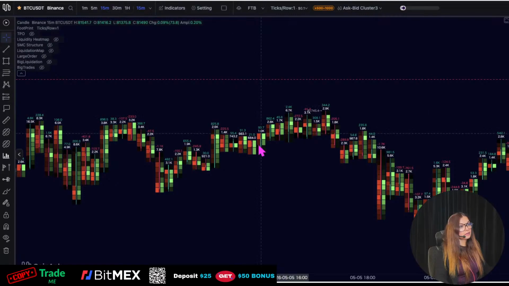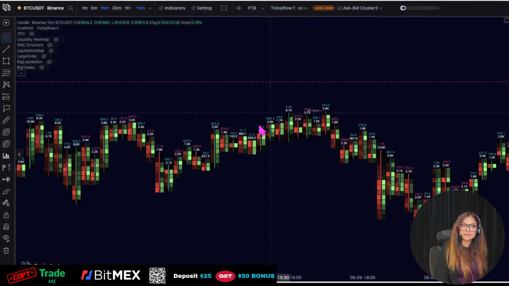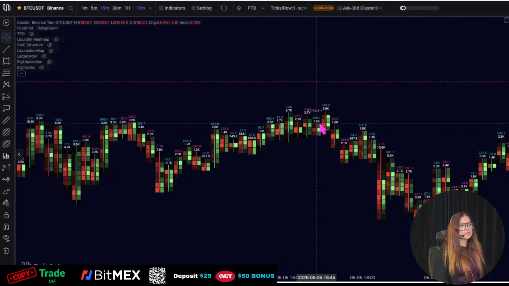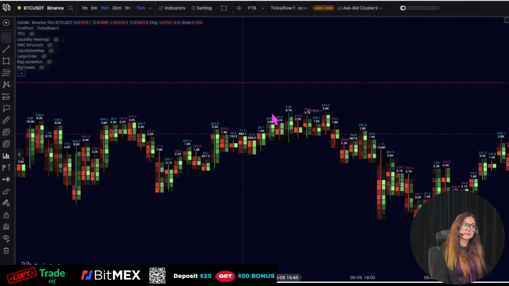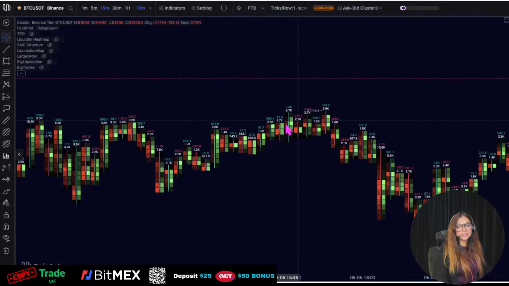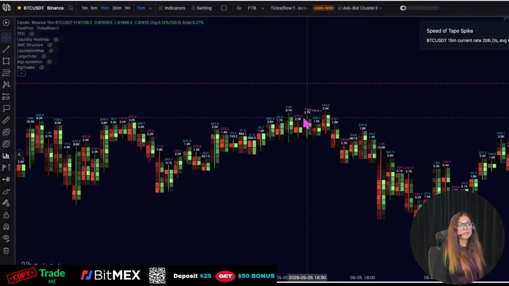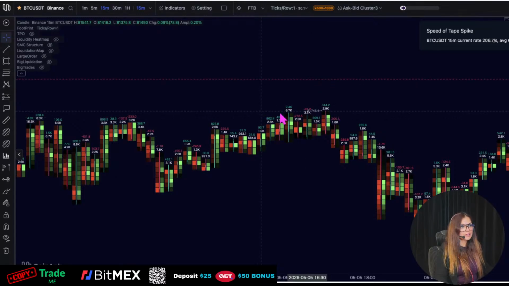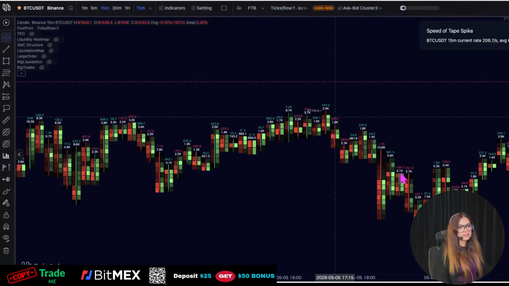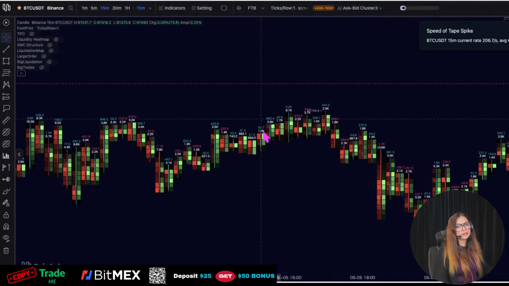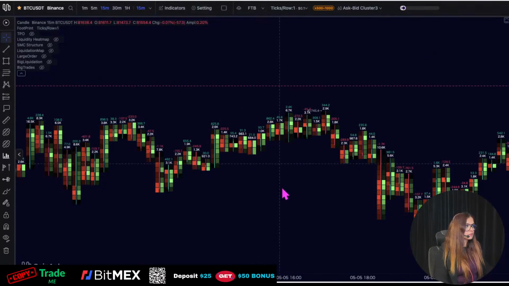All right, here on these 15-minute candles, as you can see, we had a lot of positive delta right here, but price was consolidating. That means the effort that was put in, the buying with the positive delta, was yielding no results. So price did not move up higher. Instead, it went down. So that's a great example of absorption.